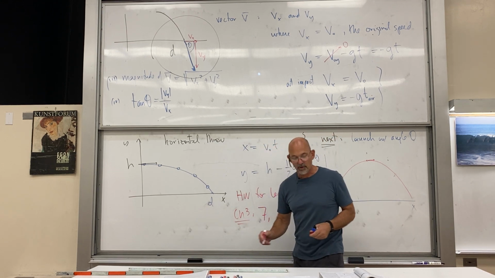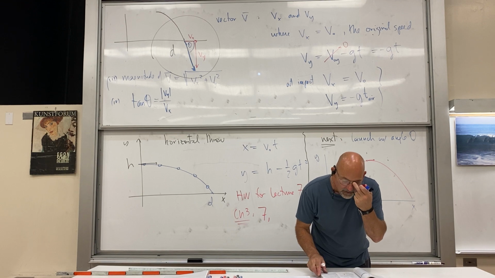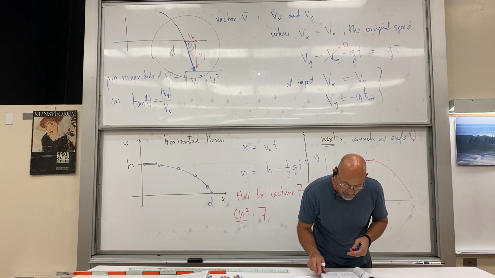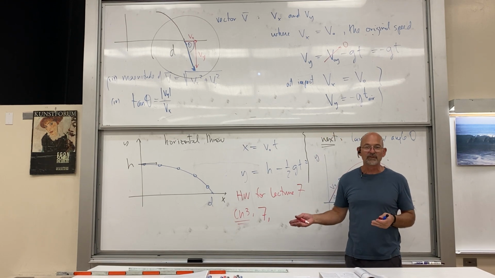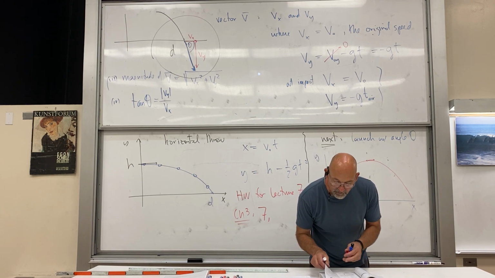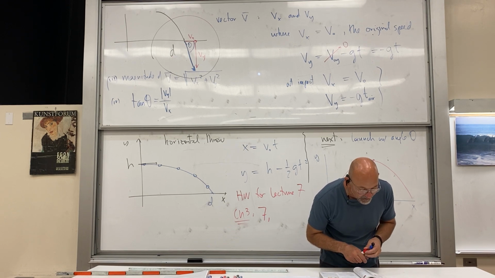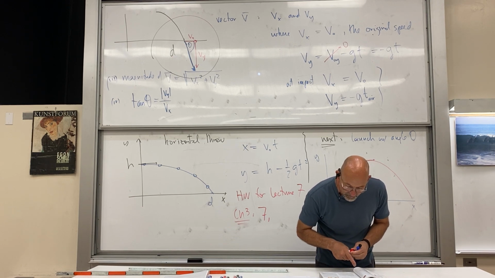This is just someone throwing something off a cliff. Okay, horizontal throw. And it pretty much is asking everything I've just done. I'm going to give you some numbers. A couple of other versions of this problem. Like I said, that's all we want to do today. Really understand the horizontal throw.